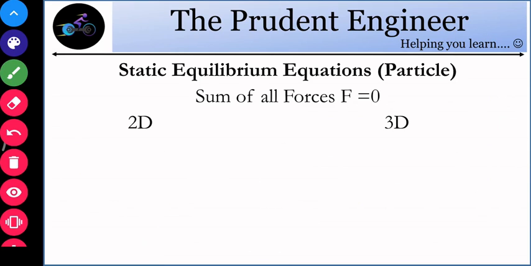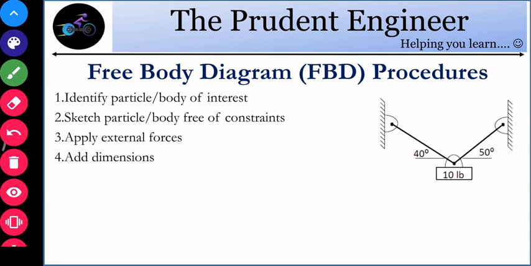Now we'll use this condition of static equilibrium to find the free body diagram. There are some basic steps. First of all, we have to identify the particle or the body of interest. If you look at this figure, from this point there are three things happening.